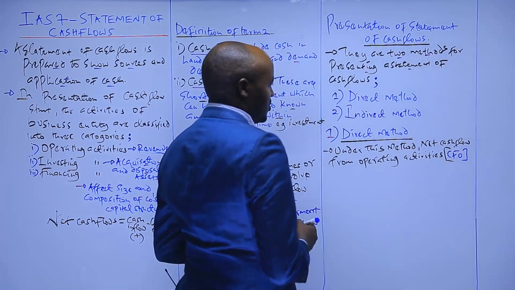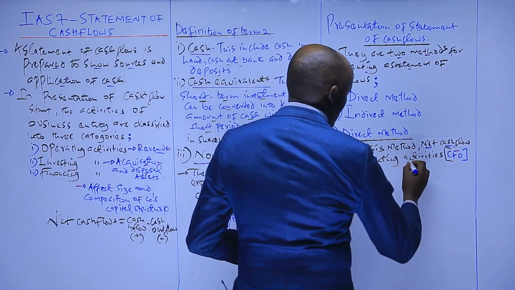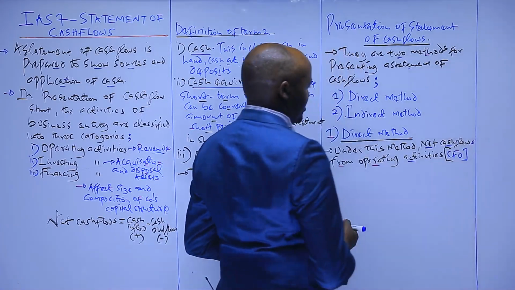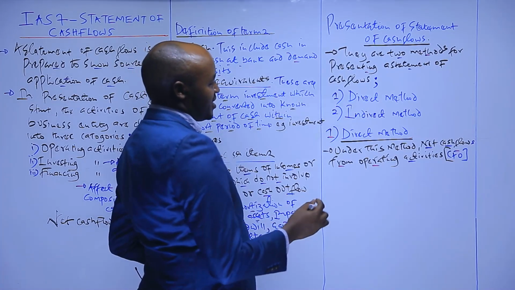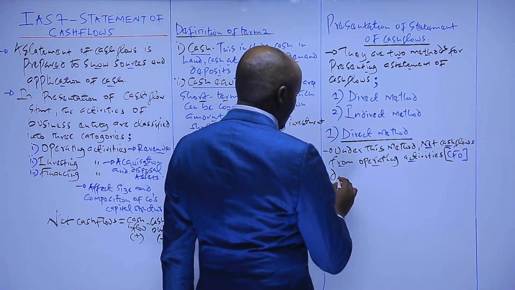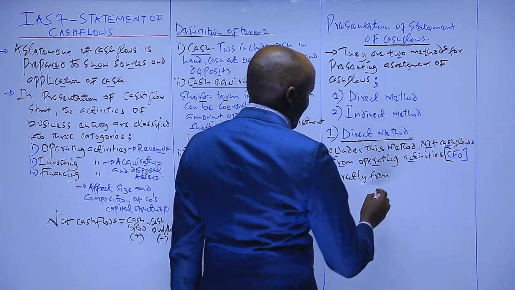CFO is net cash flows from operating activities. So we determine the CFO directly from the cash book.